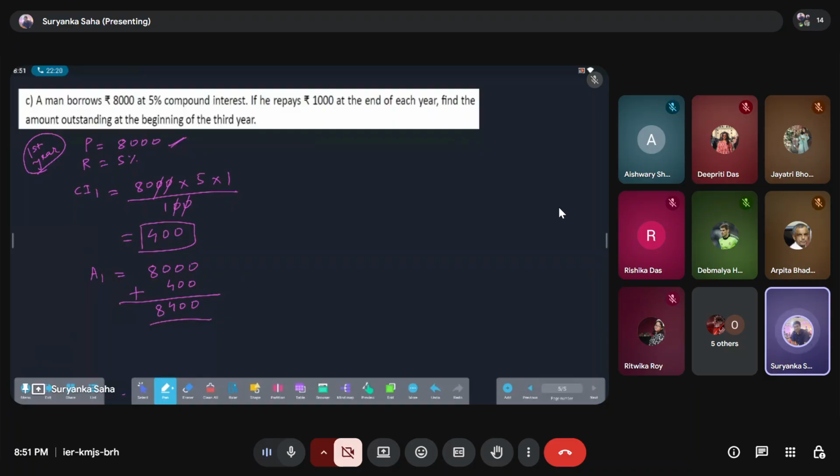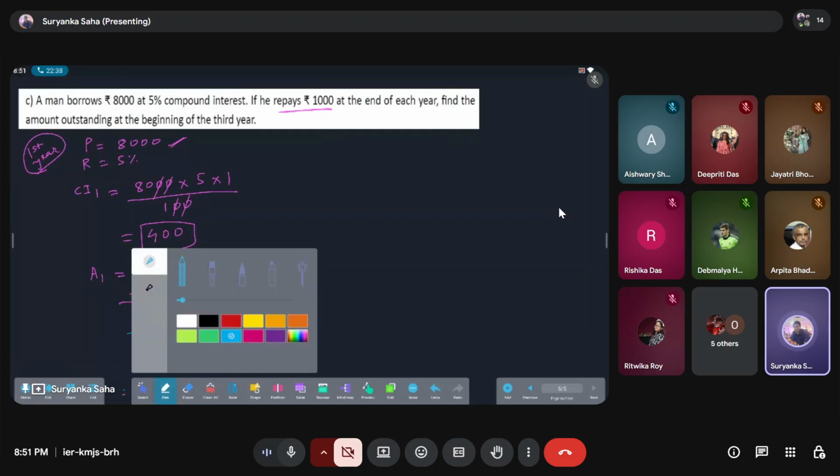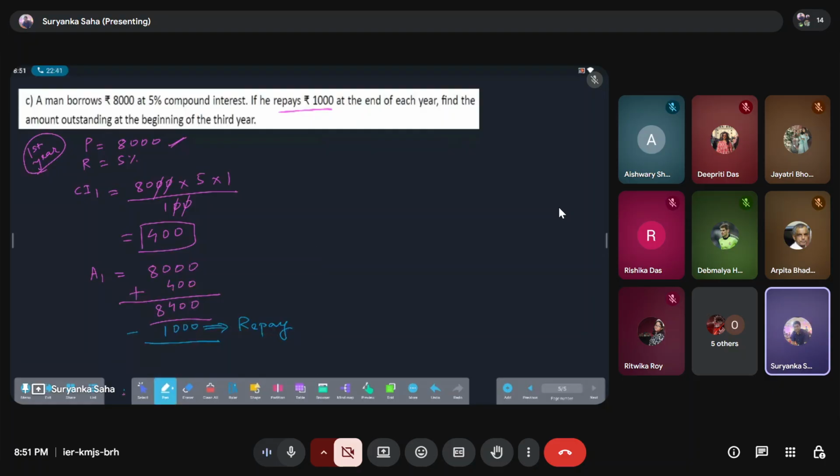Now he repays rupees 1,000, so from here I will subtract this 1,000 repay, and the result will be 7400. What is this 7400? This is the remaining A1.